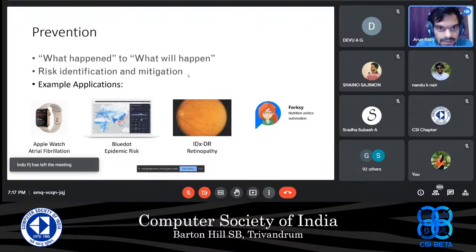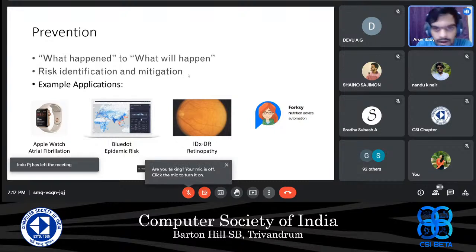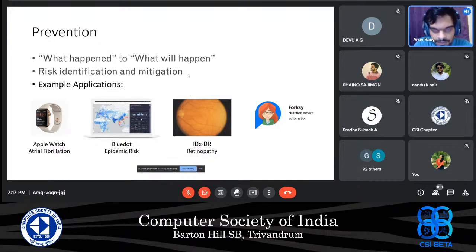Atrial fibrillation is when our heart beats very irregularly, and this is one of the few precursors for a stroke. So if a watch can detect the irregularities in our heartbeat, it can alert the person themselves that a stroke might happen soon, and they can seek help.